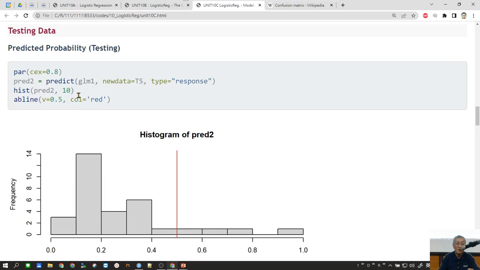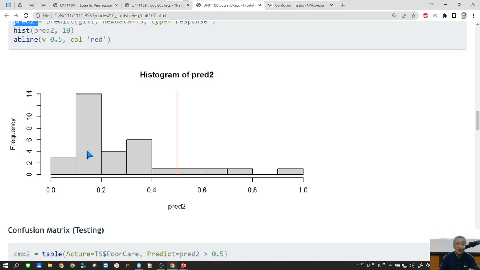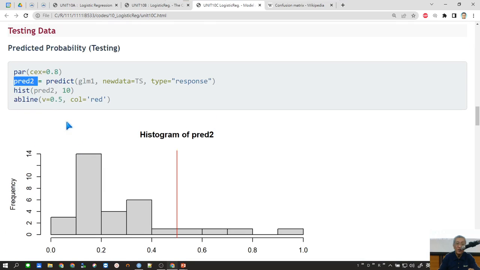Predict the testing. Now you need to give it the new data, which is TS. Then again you will have a vector of predictive probability, and you can see the distribution of this predictive probability by histogram.